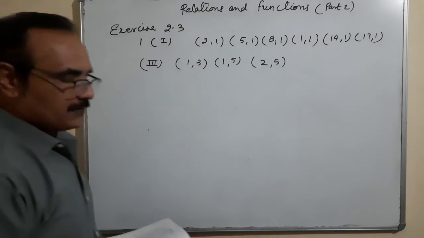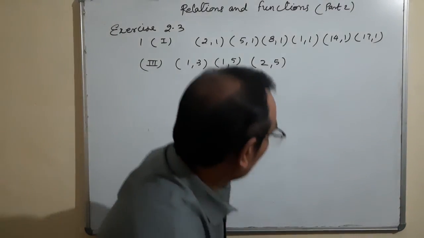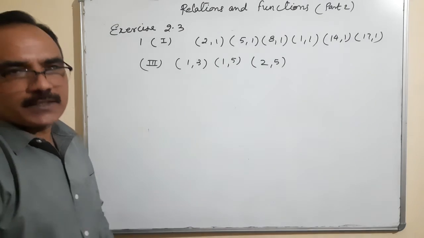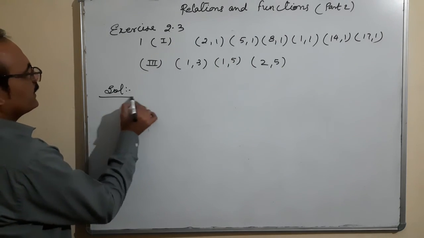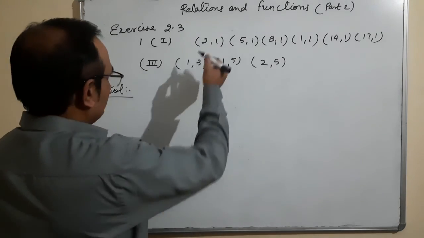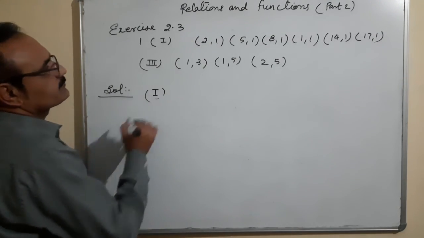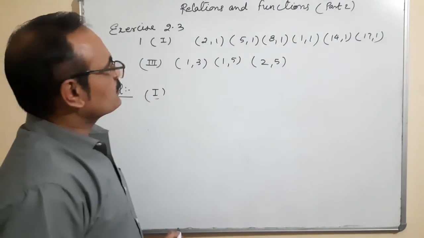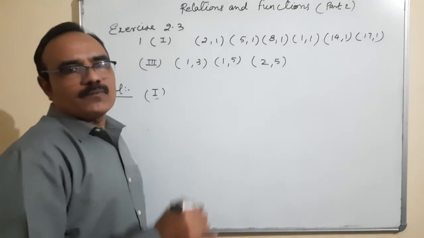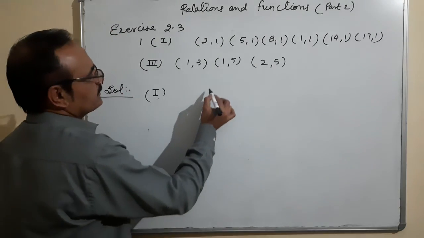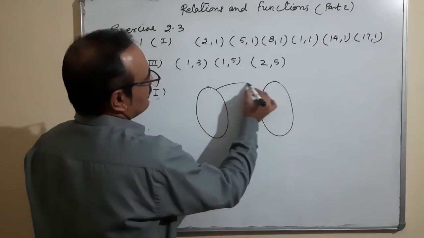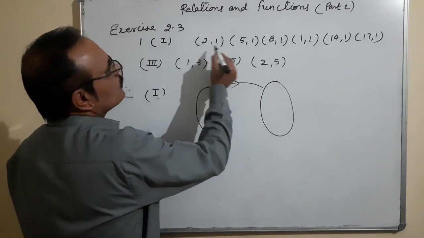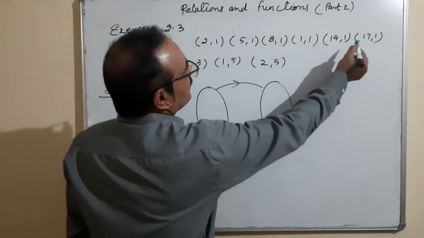Now let us check from the first and third which relation is a function and why, and we are going to find its domain and range also. Let us discuss the first one, and I would like to explain diagrammatically. First set, second set: 2, 5, 8, 11, 14, 17.